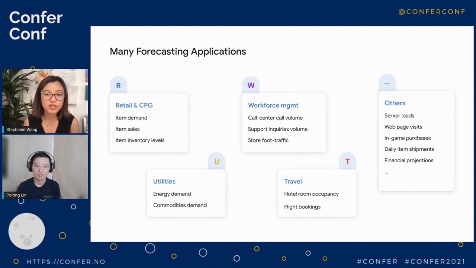And in the travel industry, the ability to predict hotel occupancy and flight bookings is very critical as well in making sure that customers' needs can be met and satisfied. The list goes on, right? The point here is that the ability to forecast accurately and promptly will soon become a necessity to stay competitive in any industry.